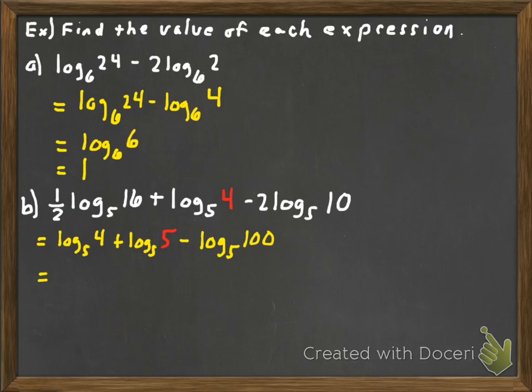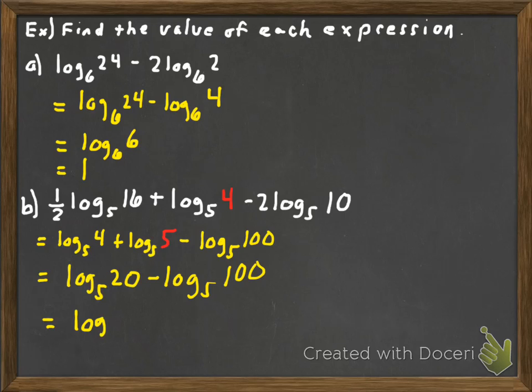Okay, so we're going to use the product property, and we're going to make that log base 5 of 4 plus log base 5 of 5 into a log base 5 of 20. All right, then use the quotient property, excuse me.